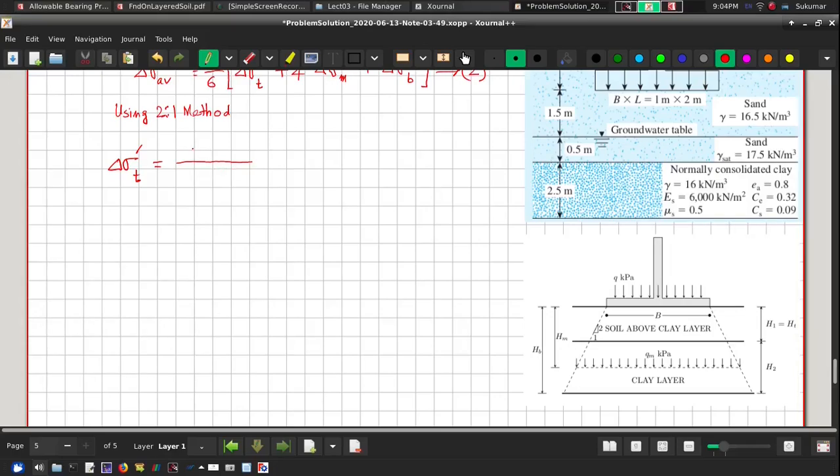Q, that is the applied stress, into my foundation size L into B, so total load is this much, divided by the area at the top of the clay layer. And the area based on this 2:1 method, you remember, will be L plus HT into B plus HT.